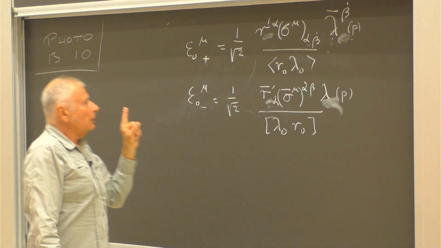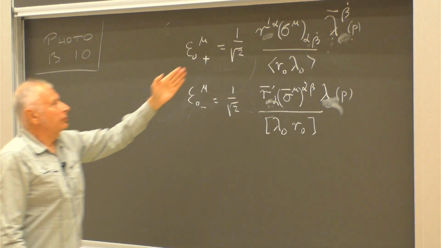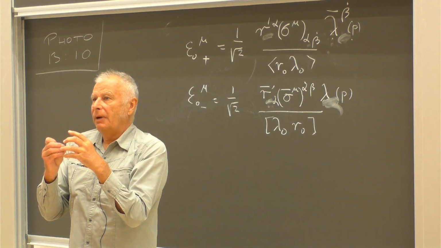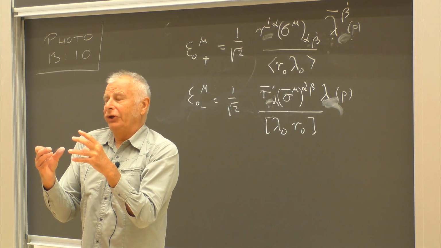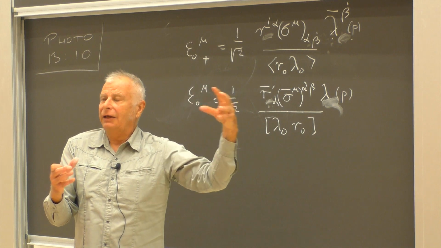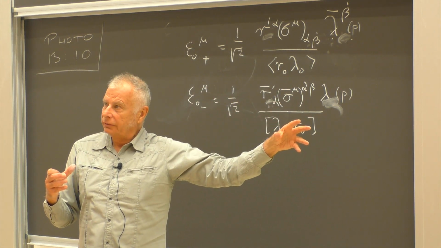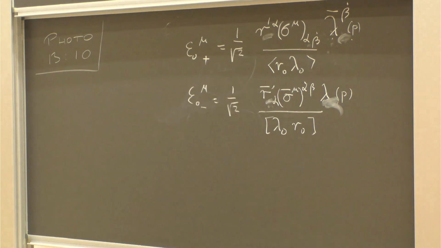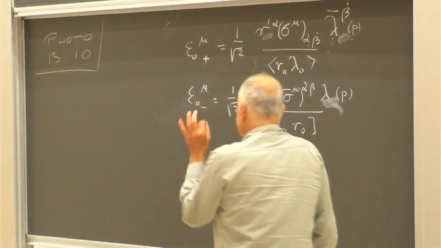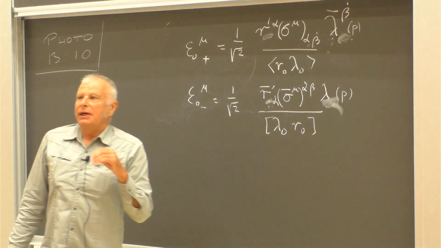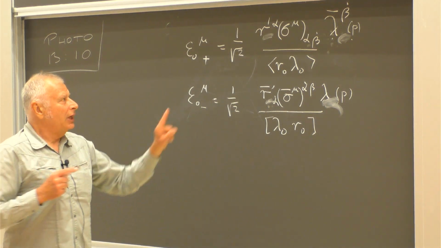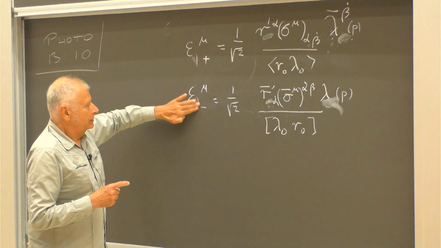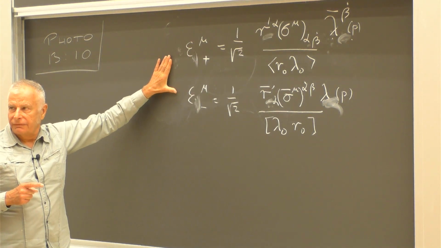Now, this R prime was obtained from R0 by a boost. So you would think that for each photon you have a different r. This r is called the reference vector, or these r spinors are called reference spinors. Now, however, there's a very simple exercise that shows that changing the reference vectors corresponds to shifting the polarization vector.